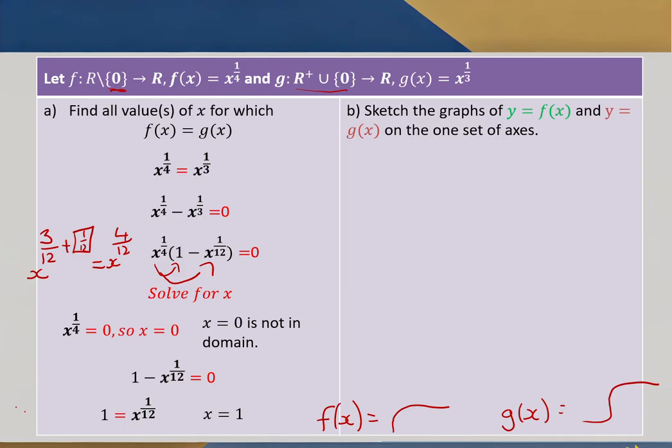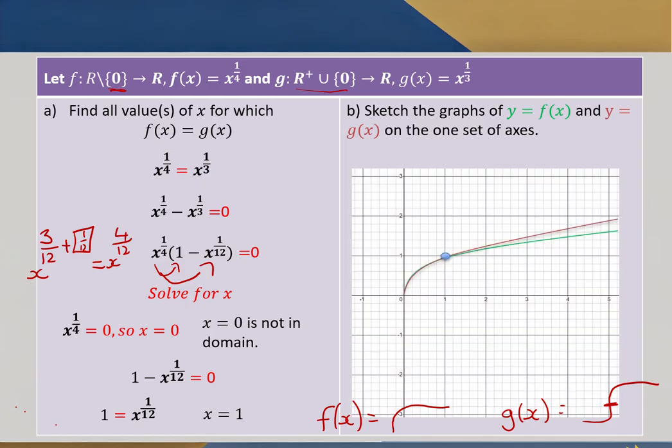So if we are mindful of those, and we're only dealing with this from here because we're talking about 0 and all positive numbers, they are looking very similar. If I group them, we know that this here is going to be 1, and that's where they both intersect.